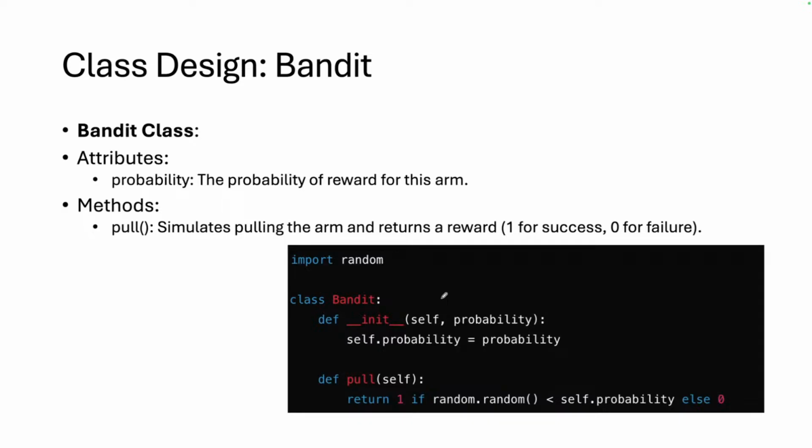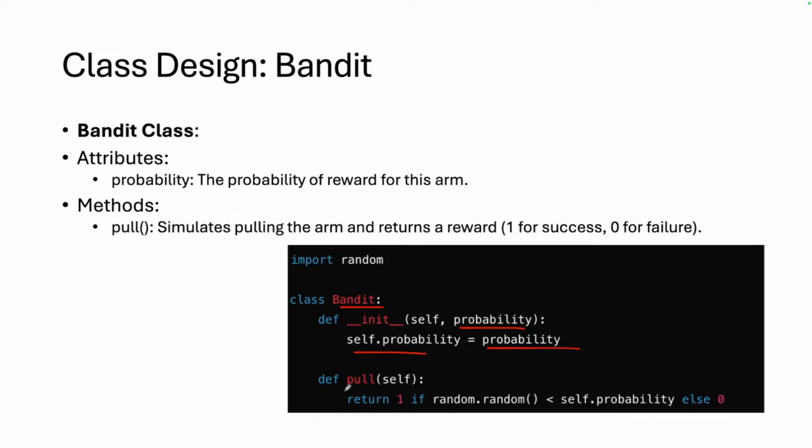Class design. I won't dive into this, but there is a bandit class and an agent class. So we just talked about classes. Here we have a class bandit, and bandit takes in a probability, and it has that static probability. So remember I said a bandit dispenses at a static probability.